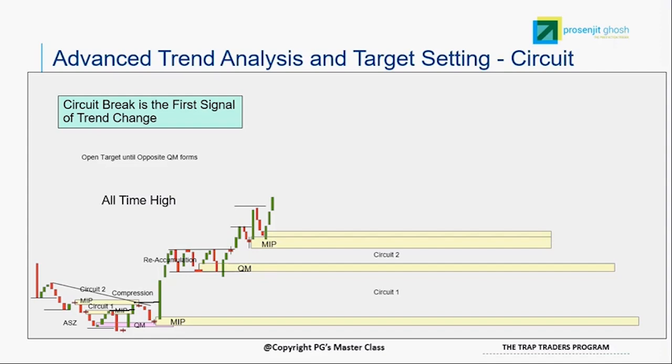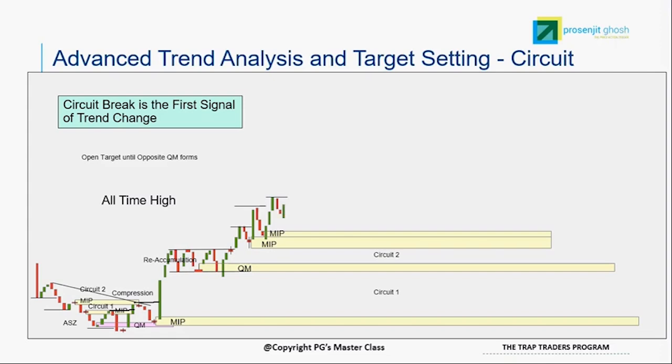So by this, another MIP got created in the chart. Okay, and price moved up. Now as you can see, these two MIPs don't have any gap in between them. So when two MIPs are a test of each other, then there will be no gap, and if there is no gap, there is no circuit.